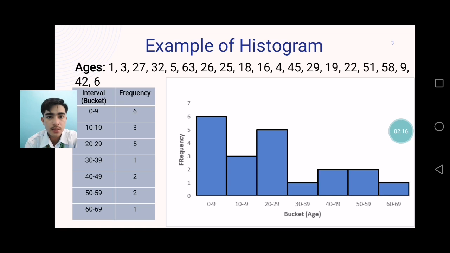For 10 to 19, there are 3: 18, 16, and 19.